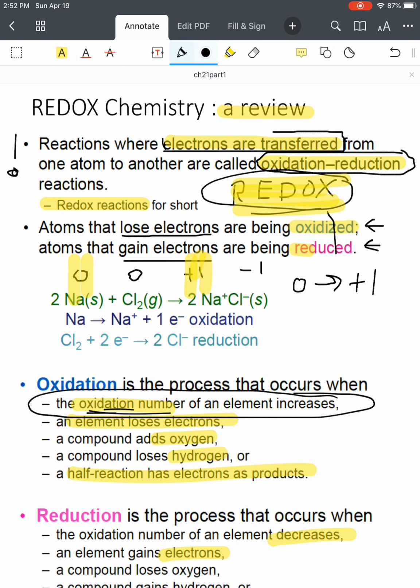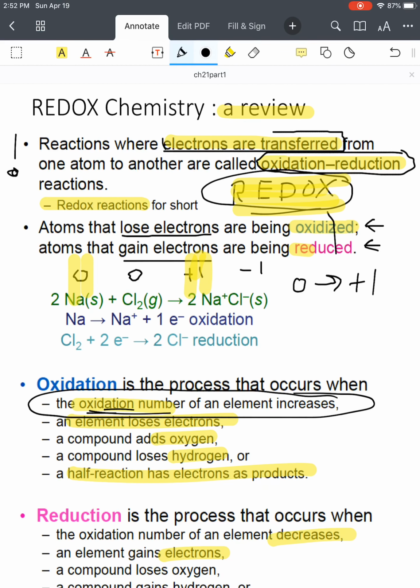If the oxidation number increases, the process is oxidation. Now, on the other hand, we could exhibit a decrease in oxidation number. Like look at the Cl2, for instance. It starts off at 0, and on the product side, it's -1. In such a case, that substance has been reduced.